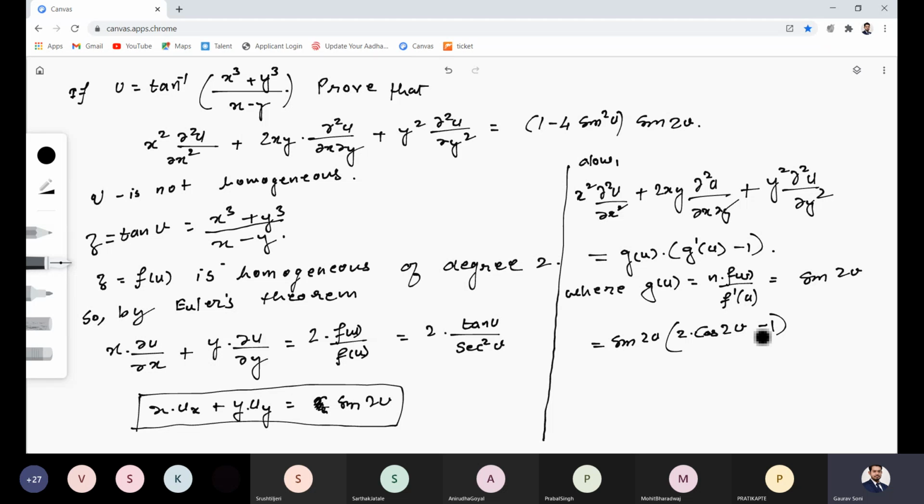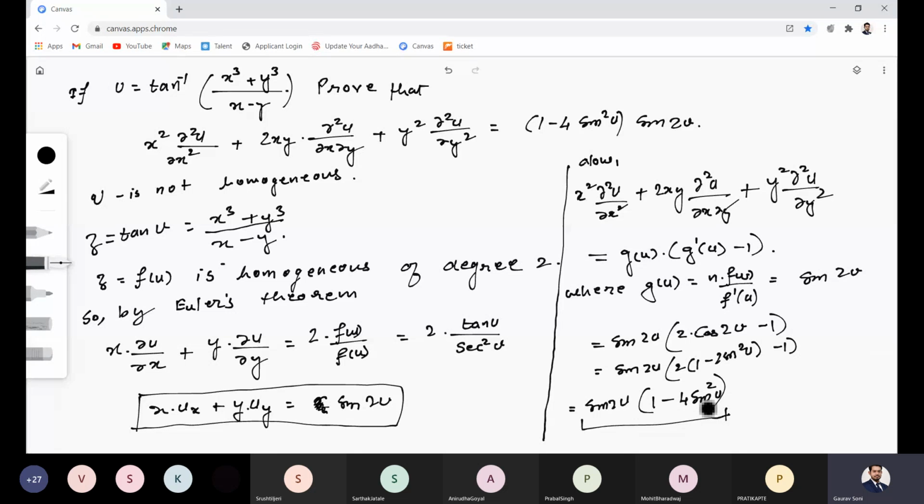So in order to get the required expression, we need to do the simplification here. So 2 cos 2u is nothing but 1 minus 2 sine square u, minus 1. So this will be equal to sine 2u into bracket 2 minus 1, which is 1 minus 4 sine square u. This is the required thing.